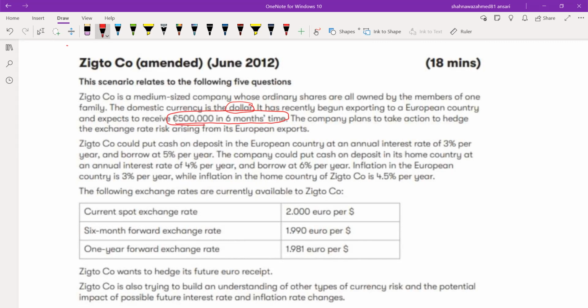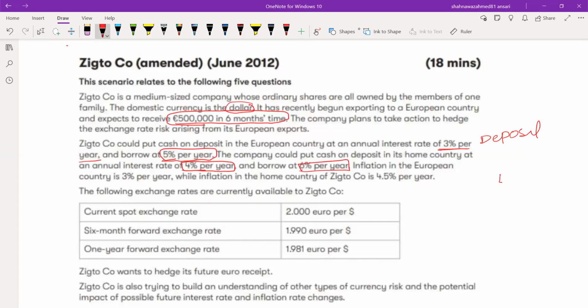The company could put cash on deposit in the European country at an annual interest rate of 3% per annum, this is the deposit rate, or can borrow at 5% per annum, this is the borrowing rate. The company could put cash on deposit in the home country at an annual rate of 4%, this is the deposit rate locally, and borrow at 6%.